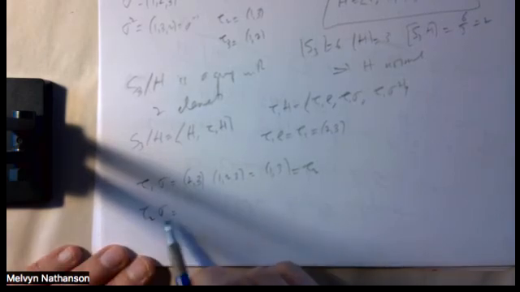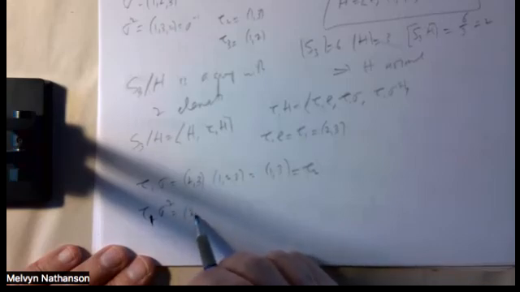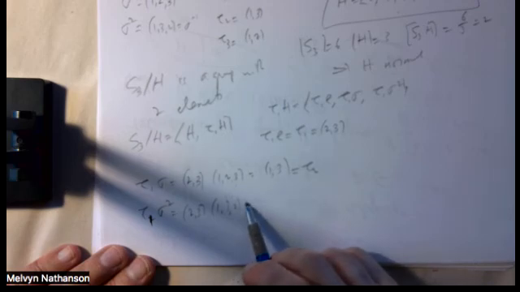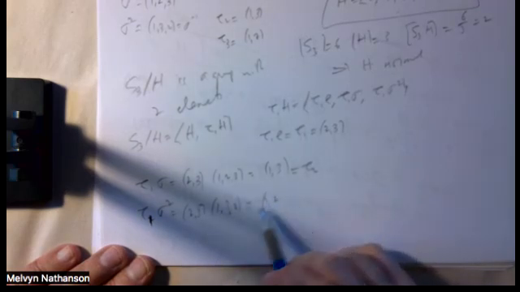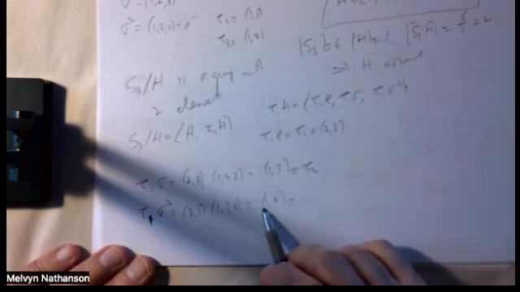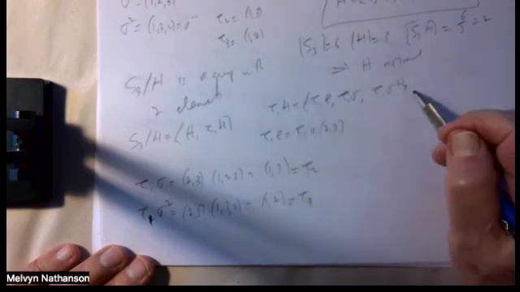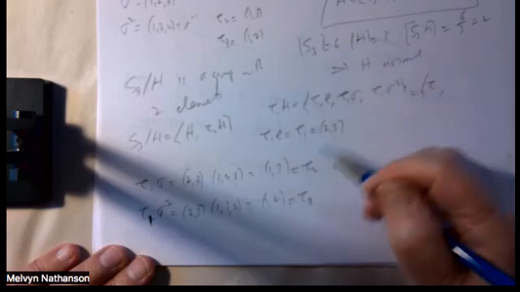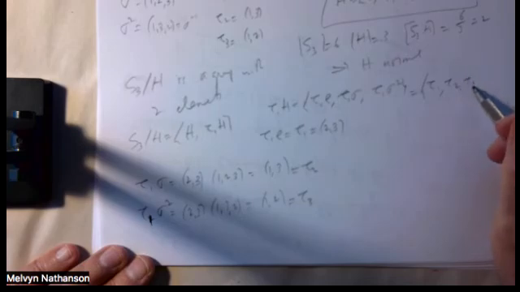Tau 1 sigma squared is 2, 3 times 1, 3, 2. So this sends 1 to 3 to 2. This sends 2 to 1. This sends 3 to 2 to 3. So this is the transposition 1, 2. This is tau 3. So tau 1H consists of tau 1 times the identity, that's tau 1. Tau 1 sigma is tau 2. Tau 1 sigma squared is tau 3.